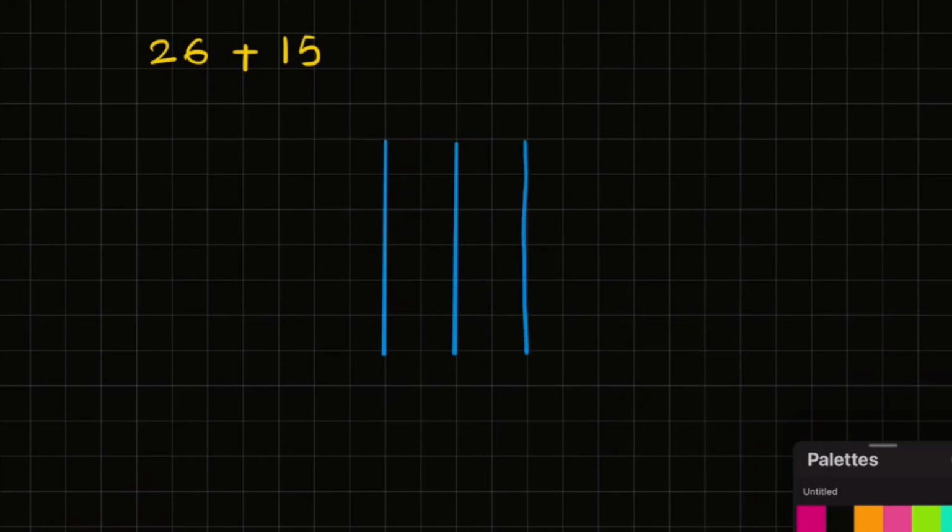Let's say we are doing addition of 26 plus 15. Like I have done before, let's draw two columns because we are dealing with two-digit numbers over here. For the ones column we say O and T for the tens column.